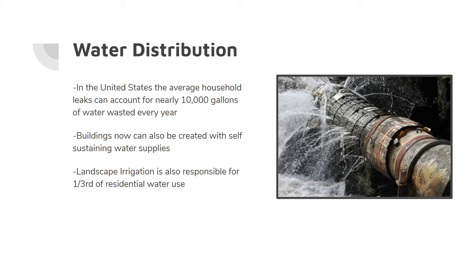This issue is being combated by buildings that now contain self-sustainable water supplies, which refilter drinking water. Many structures within urban environments have become self-reliant in this manner. Also, the average suburban household, according to the USGS, uses around 80 to 100 gallons of water per day. One third of such belongs to landscape irrigation.